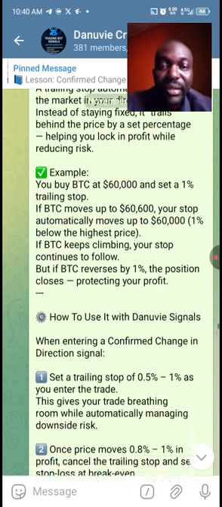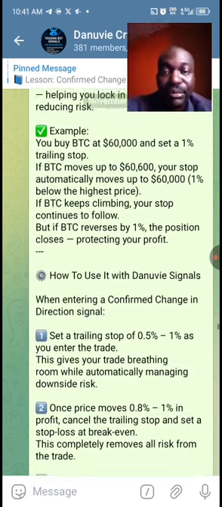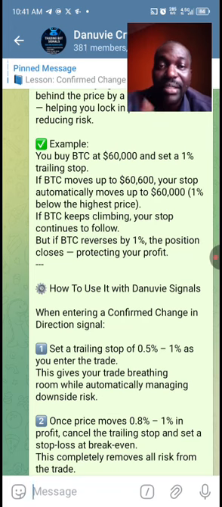So now we give an example here. It says you buy Bitcoin at $60,000, and you set a 1% trailing stop.